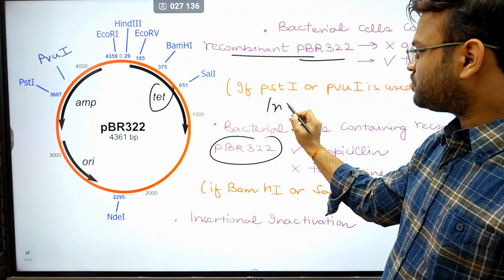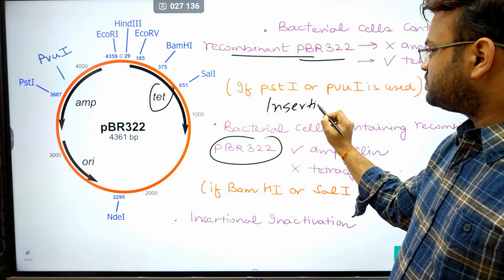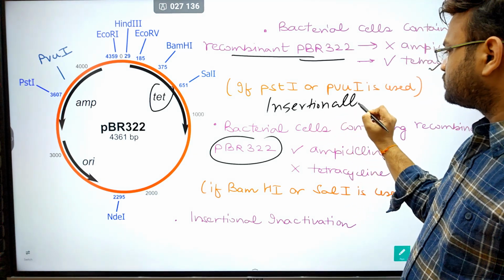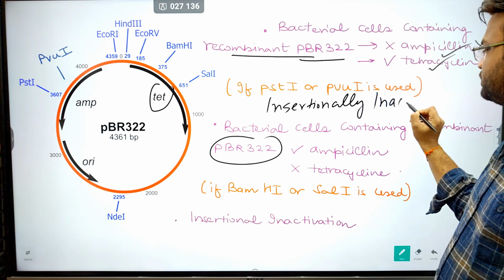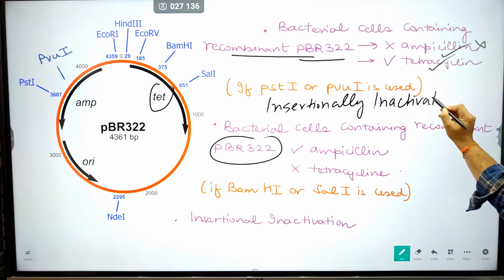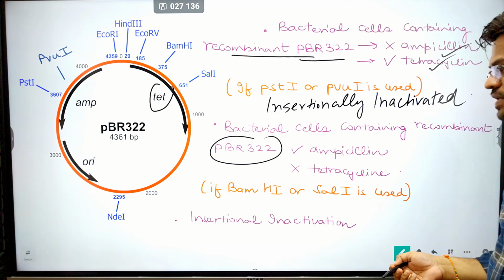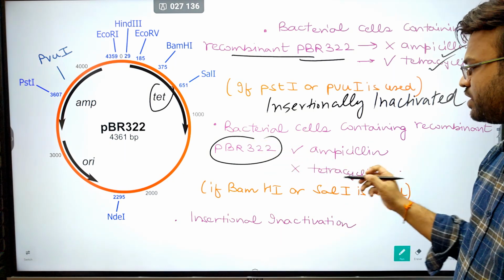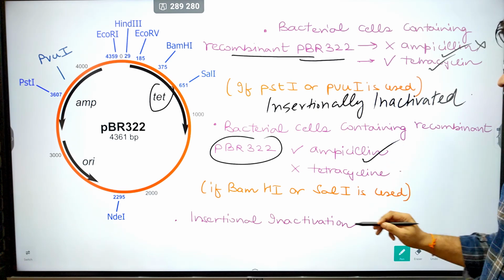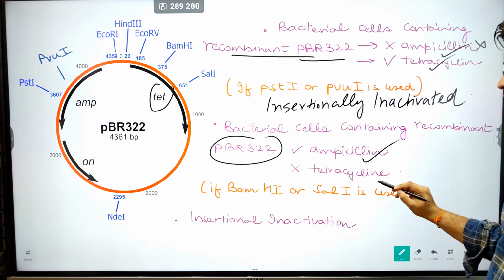Let me just write it down for you. Insertionally inactivated. And because of this, what will happen? If you allow it to grow in ampicillin, it will survive. If you allow it to grow in tetracycline, it will be killed.